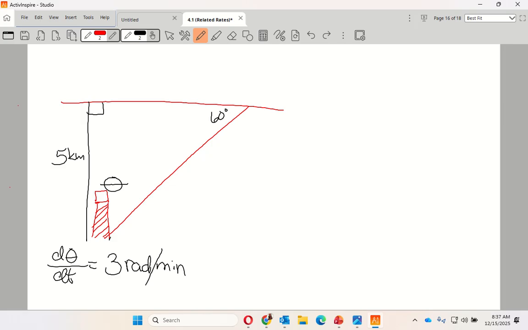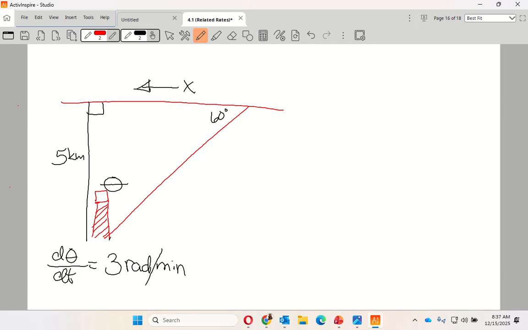It's asking with what speed the spot of light is moving along the shore when the beam is at 60 degrees. Angular speed would be d theta dt, because we used r for the radius quite often. I don't want to use that, because I'm talking about an angle that's changing over time.